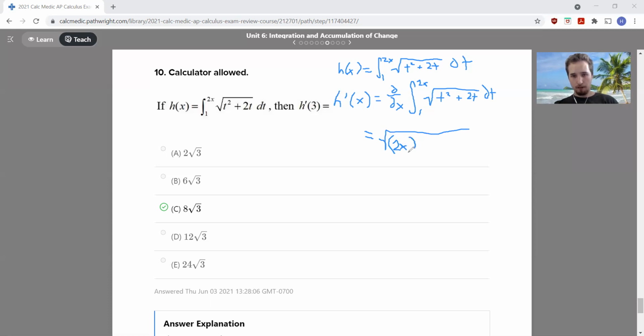I'm trying to give a more logical explanation for it. So I'm plugging in 2x for t, so I get 2x squared plus 2 times 2x. I'm going to plug in that 2x here. And this is still h prime of x.